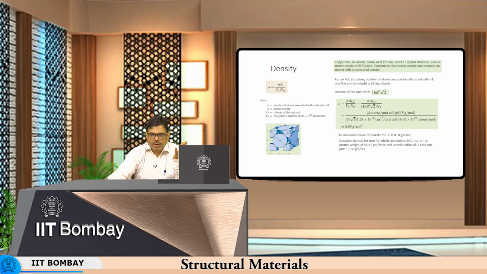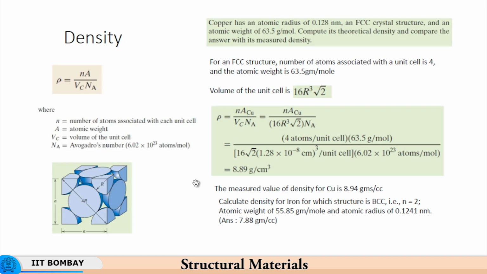So let's say in case of copper, it is 63.5 grams per mole. Then 63.5 grams is the weight of Avogadro number of atoms. So per atom it is A by Na, where Na is the Avogadro number. So you have the mass of one atom into n number of atoms per unit cell. So in this case it is 4. So now we have got the mass of 4 atoms belonging to one unit cell divided by the volume of the cell.